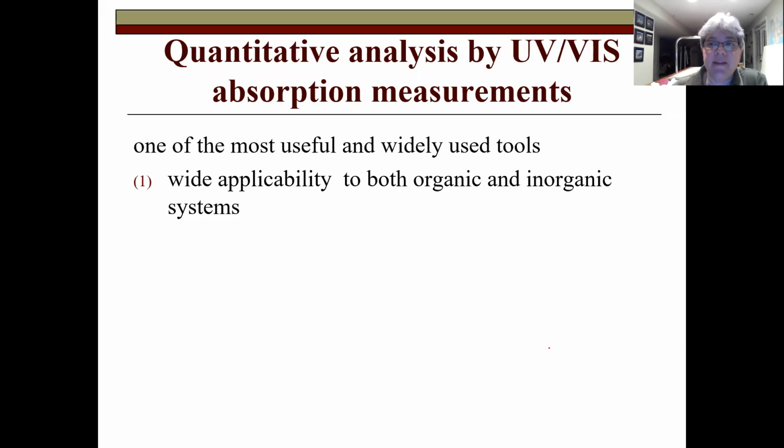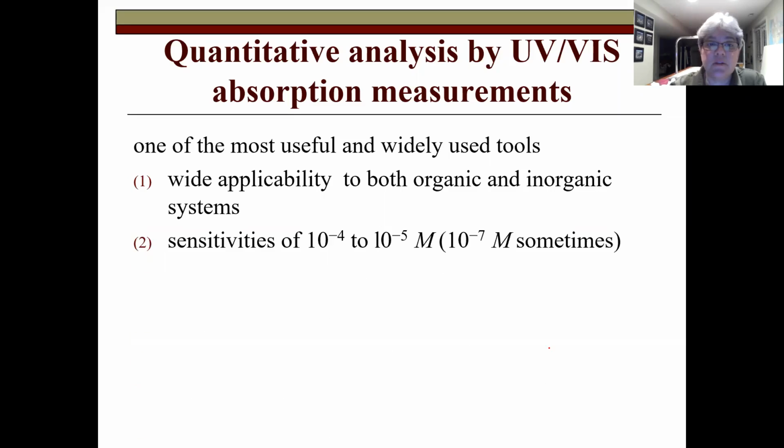The organic is the n, pi and sigma electrons. The inorganic, d and f electrons. This method has pretty good sensitivity, so we can measure down to 10 to the minus 4 to minus 5 molar. Sometimes if the absorptivity is very big, we can go down to 10 to the minus 7.